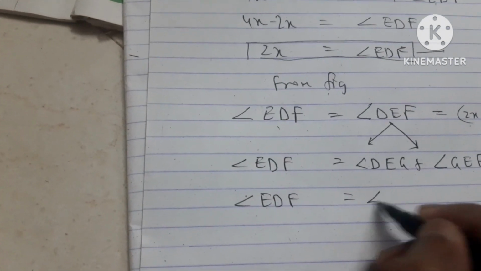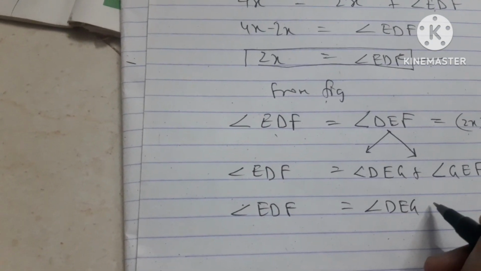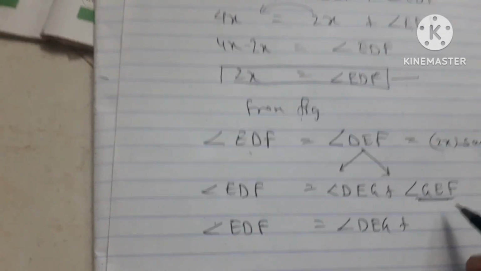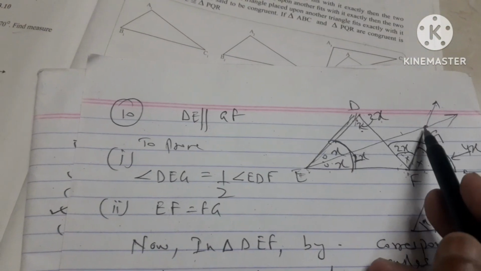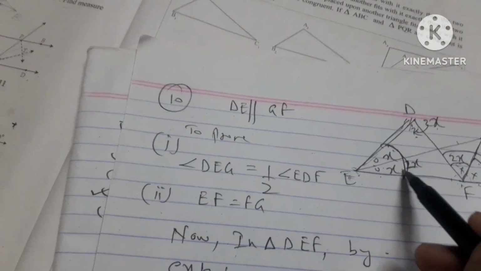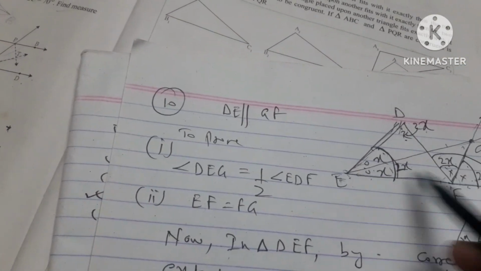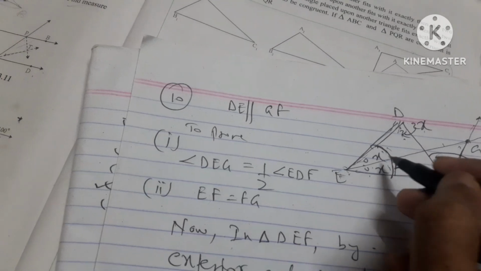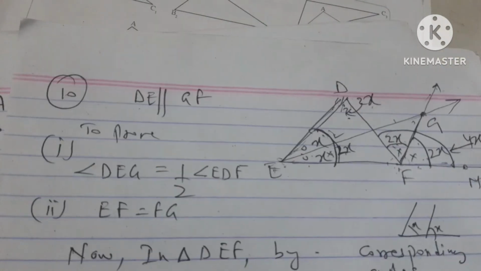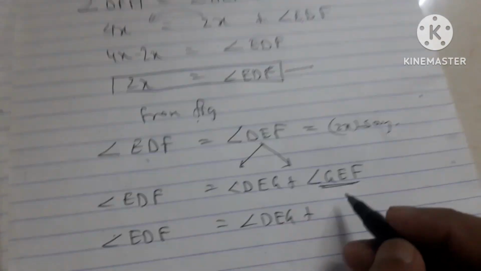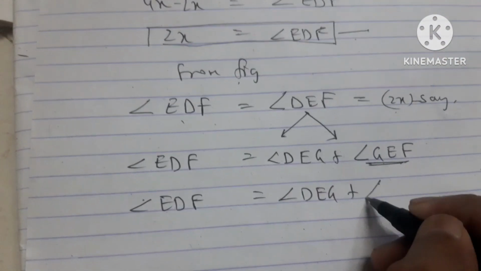DEG we need, so we write DEG as it is. And this we will replace. This is equal to DEG, so again we will write DEG in its place. Both are x and x, so we need not write this. We will replace it with the equal value, which is x again. So the same angle DEG we write down once again in place of this, because they are equal.